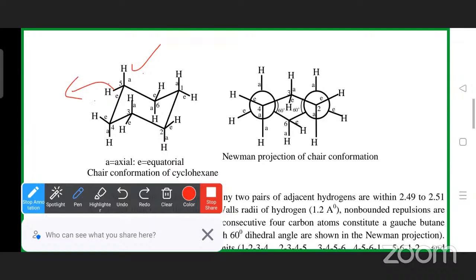So both bonds are not on the same plane. That's why they won't suffer or face any steric repulsions.